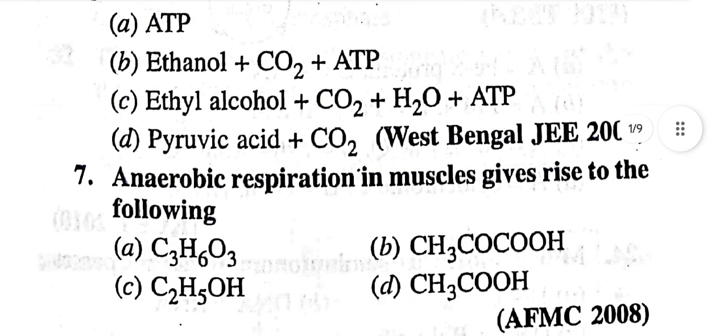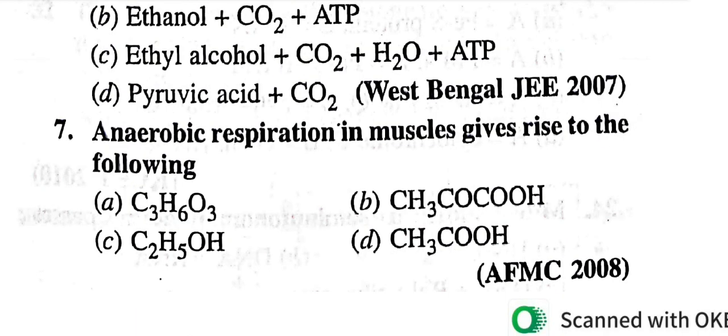Then question number 7, anaerobic respiration in muscles gives rise to the following. Anaerobic respiration, which takes place in the absence of oxygen in the muscle cells, will form CH3COCOOH.